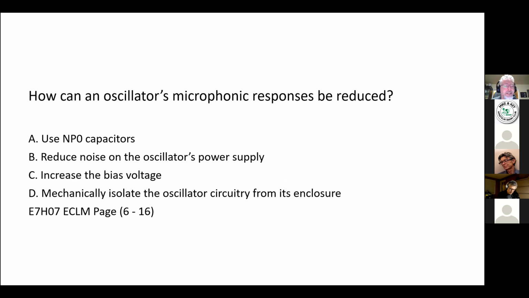C, increase the bias voltage. And if you saw me click ahead, D, mechanically isolate the oscillator circuitry from its enclosure. Delta. I accidentally clicked and nobody caught that. Delta is correct. Mechanically isolate the oscillator circuitry from its enclosure.